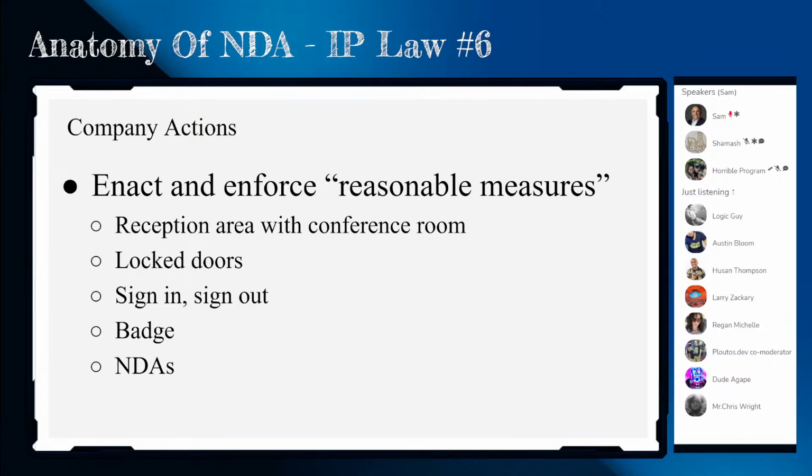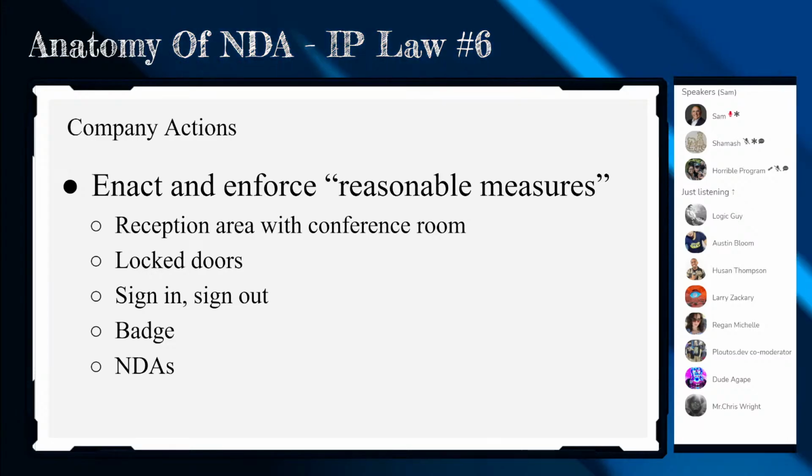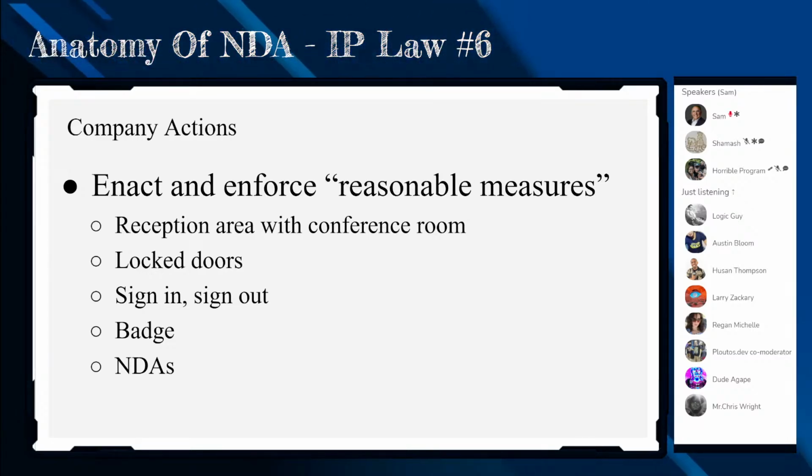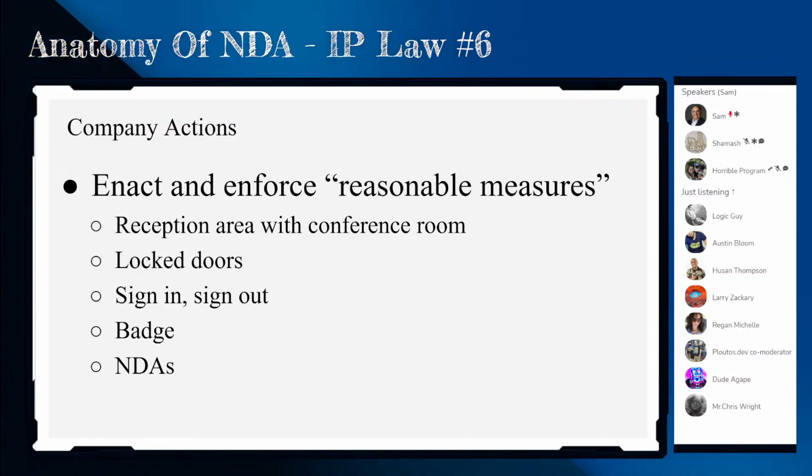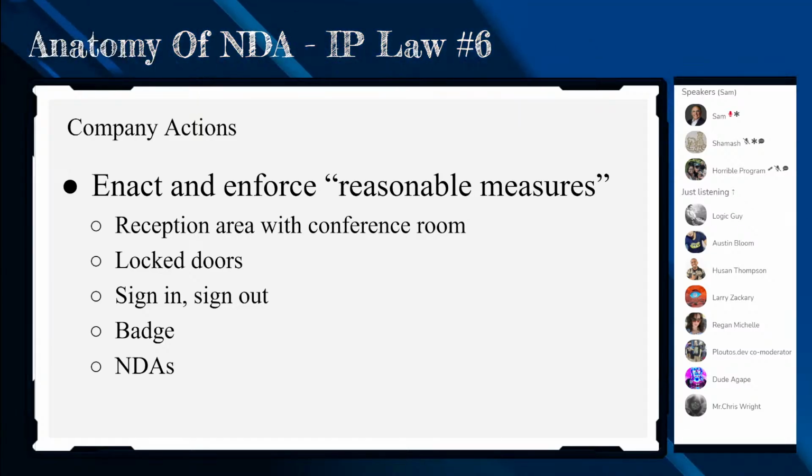What are they? We've talked about this a little bit. You have a reception area with a conference room and bathrooms accessible to the public, but anything after that, you have to use your badge to go through the locked doors. Visitors can't go through it unless they sign in.